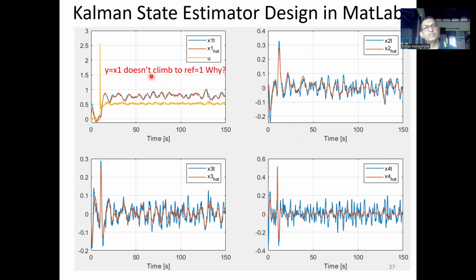Here what you see is the result of the LQR control with the Kalman filter estimating the 4 states, state 1, 2, 3, and 4. The first observation is the Kalman filter predicts state 1 very closely, and states 2, 3 and 4 are also reasonably good. But we observe one thing here: the x1 variable doesn't go to 1. 1 is the set value.